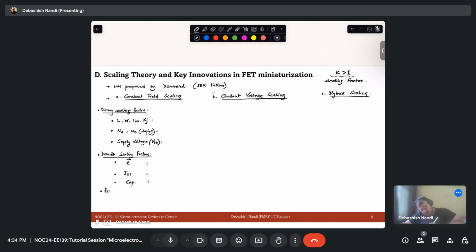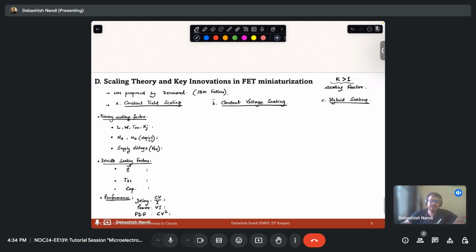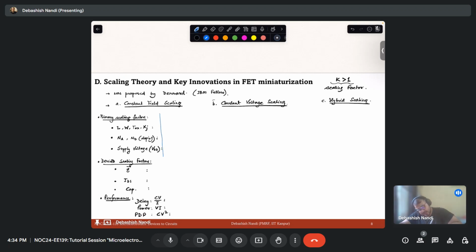Then you have your performance. What are your performance measures? Delay, CV by I or Q by I, then your power, VI, then your power delay product, basically the product of the above two, that is CV square. So these are the things we need to check in every scaling scenario.